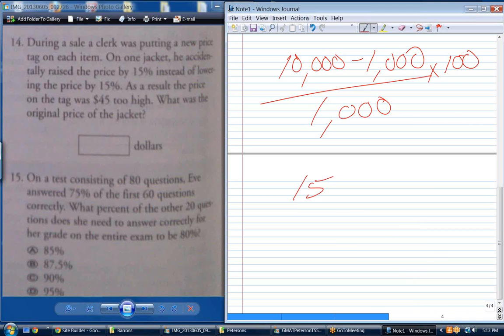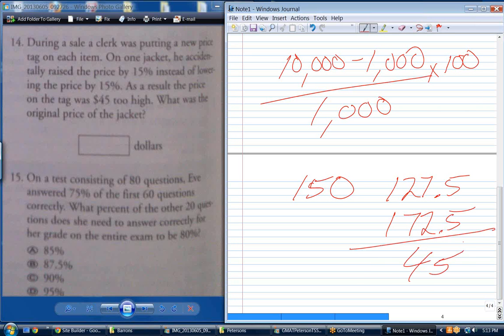So 150 was supposed to be reduced by 22.5, which would have made it 127.50, and instead he increased it by 22.5. So doing it that way was actually pretty easy. It wasn't the algebraic way.